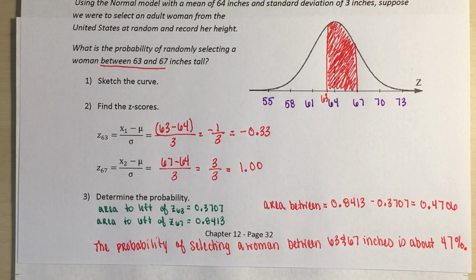So there's our final answer for our between probability. Again, between probability, we find both of our z-scores, both of our areas associated with those, and then we subtract to find our final answer.